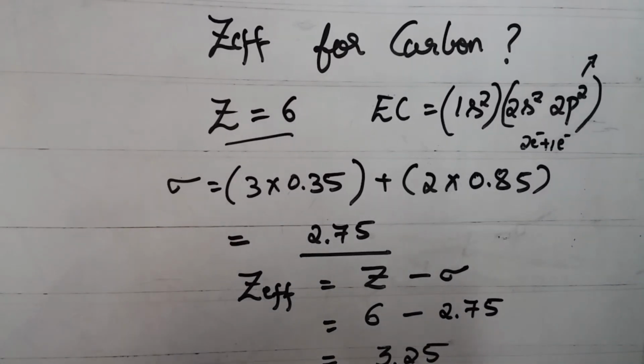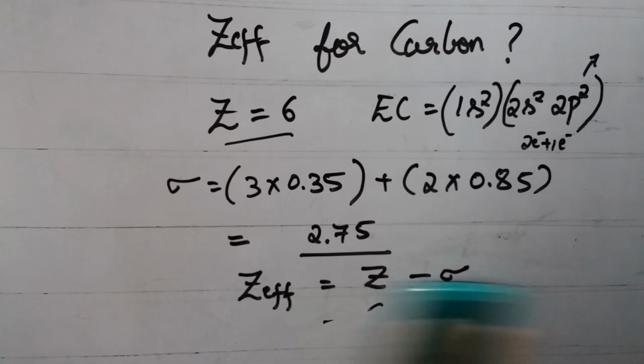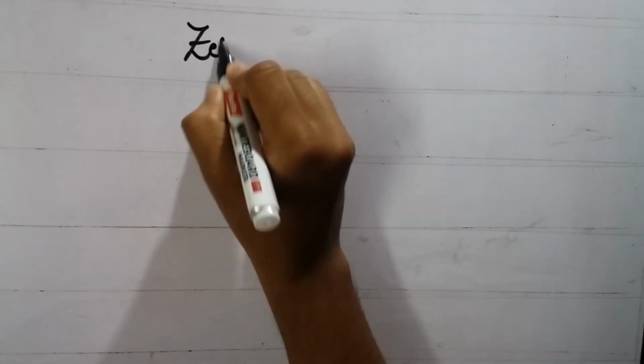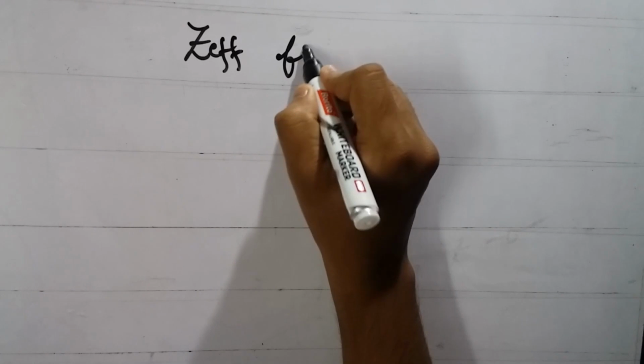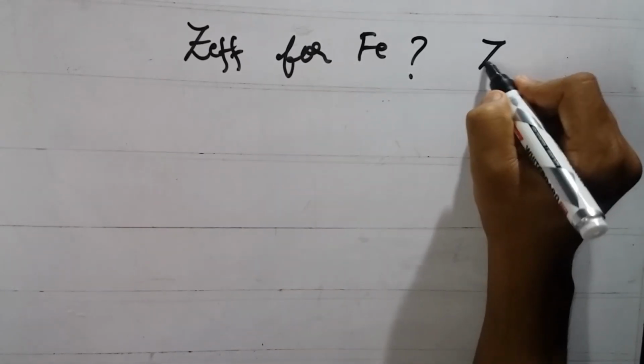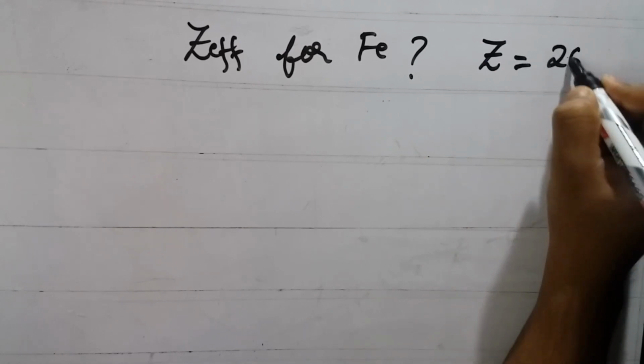Let us consider an example of a d orbital. Now the Z effective for iron: the atomic number Z is 26.